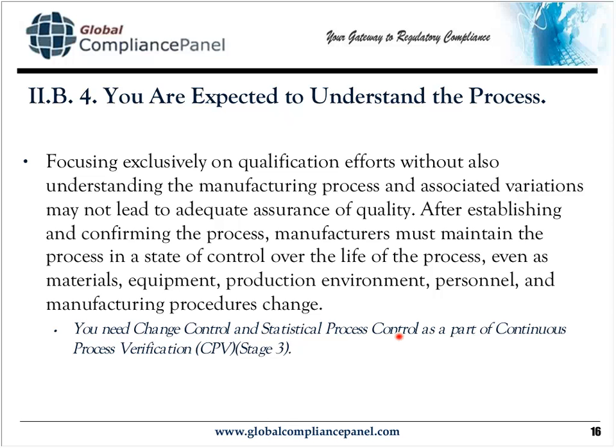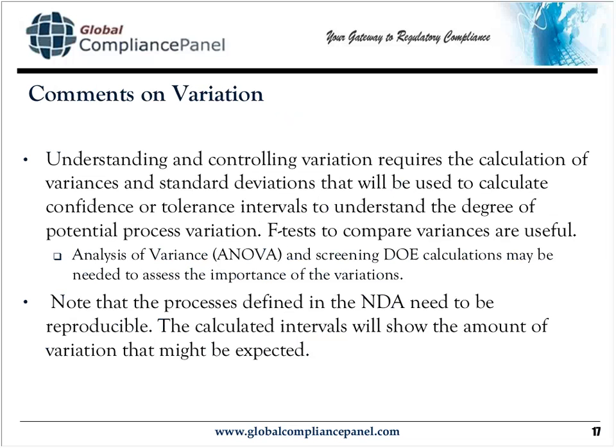It's the SPC. And there's a whole bunch of acronyms and abbreviations that have come up. There's the abbreviation CPV that refers to continuous process verification. It's used instead of saying stage 3. So anyway, we'll talk more about that.